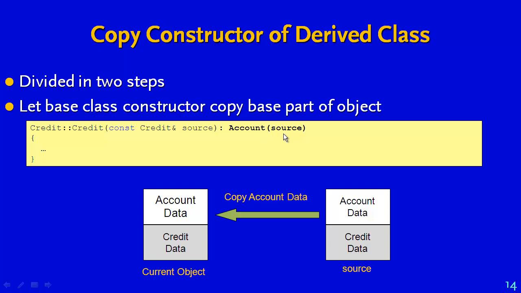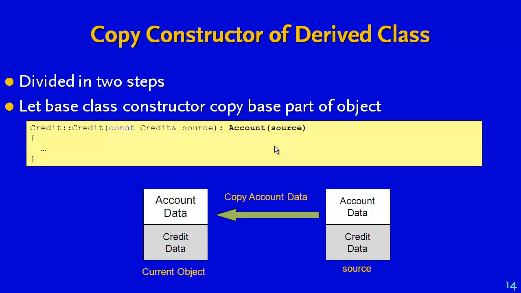Wait a minute, there's another problem here, because source is a credit object, but accounts know nothing about credit classes. They only know about accounts. But the whole point about inheritance is a credit object behaves in all respects as an account object. In other words, in general, a derived class object is always a base class object. Right?